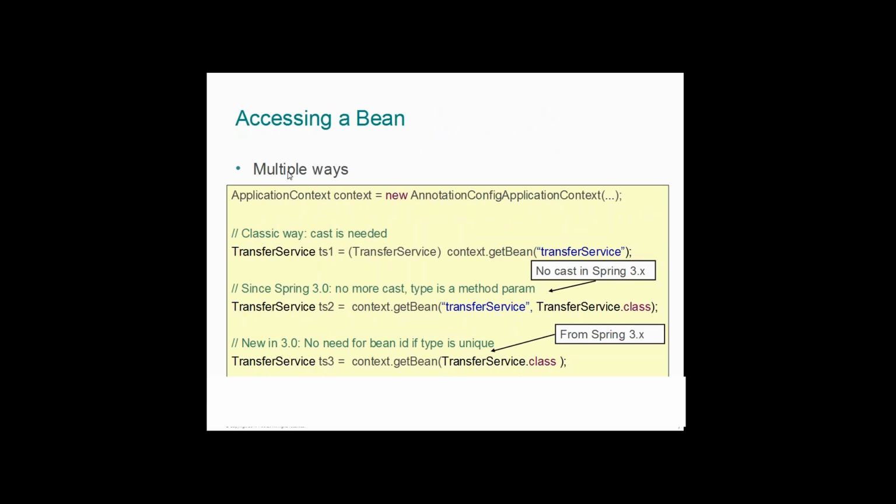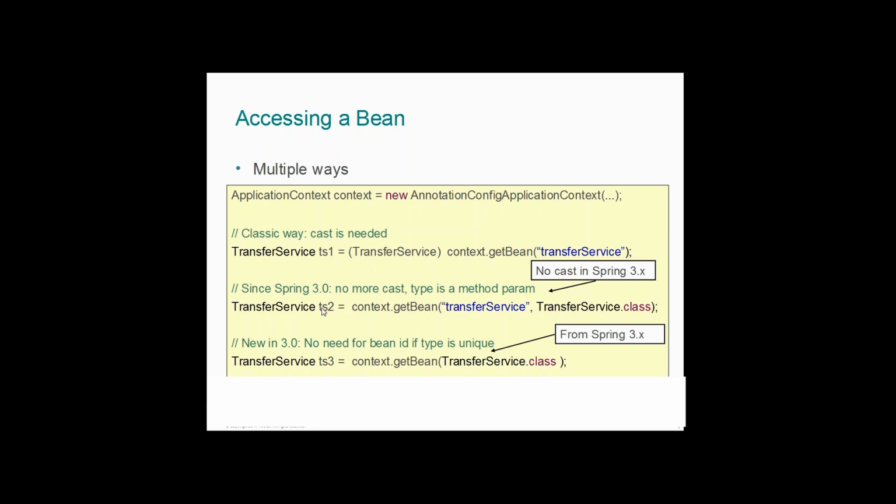There are multiple ways you can access the beans. One is to access them using the bean ID, where you cast the result. The second way, you don't need to worry about casting: you pass the class to cast to as part of your getBean call, and it will automatically cast and return the object for you.